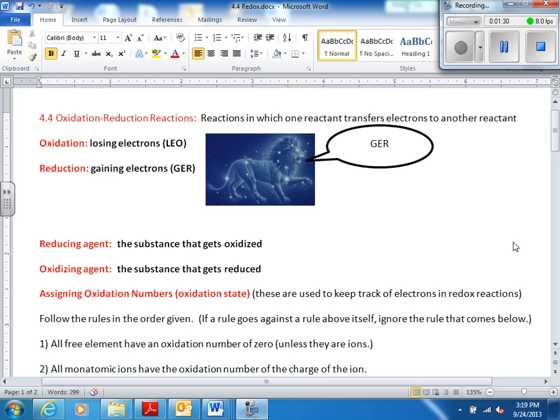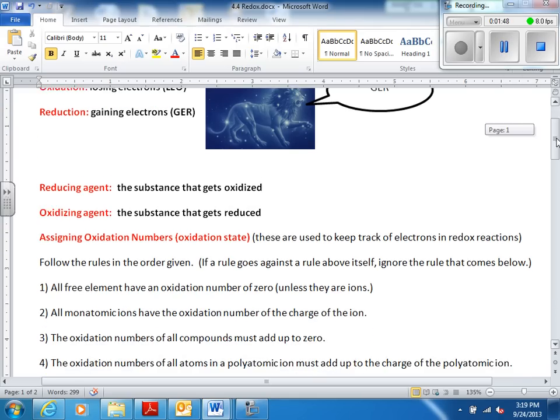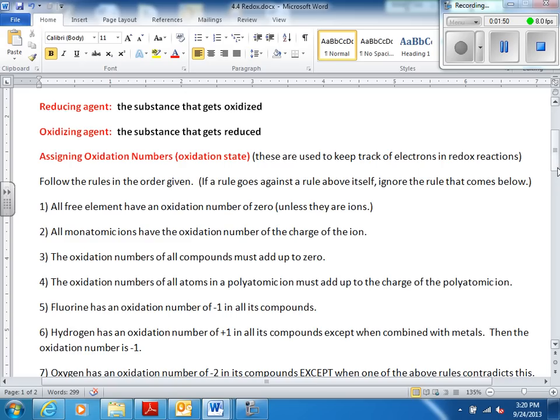Okay, so now assigning oxidation numbers. An oxidation state is just another name for an oxidation number. These numbers or states are just a way to keep track of electrons in redox reactions. It doesn't have a true significance other than it's like record keeping.